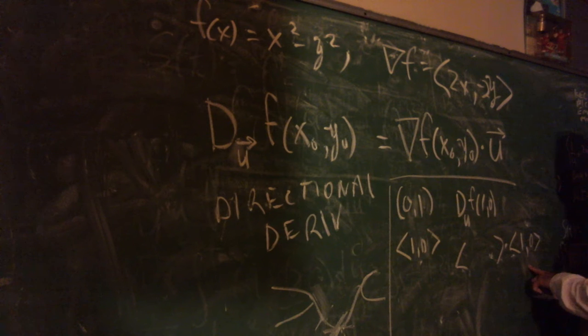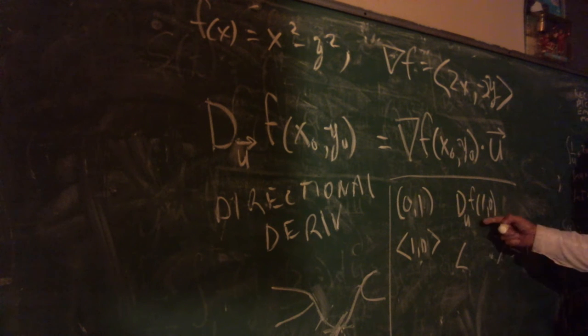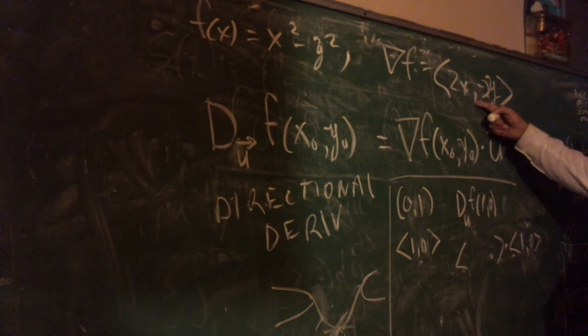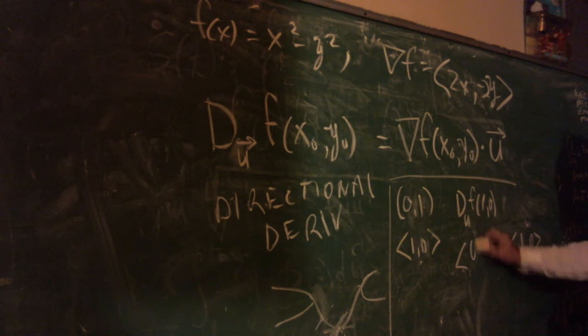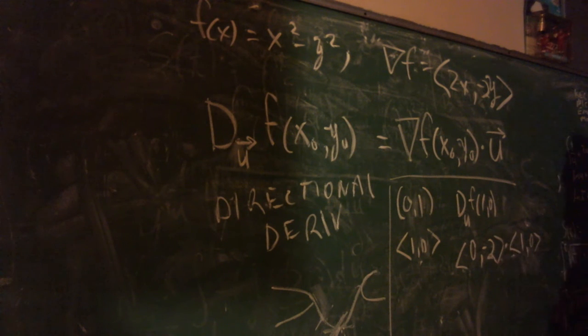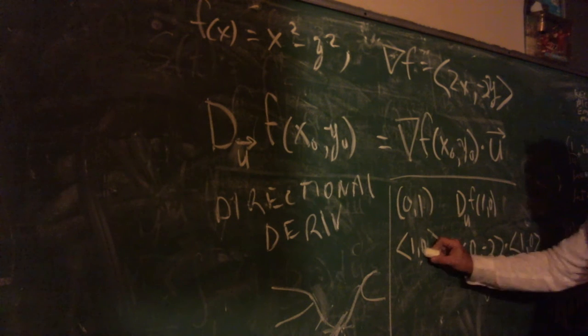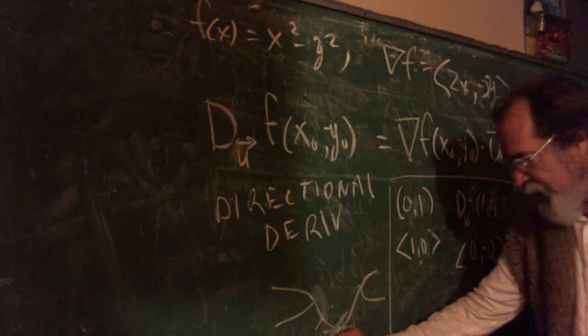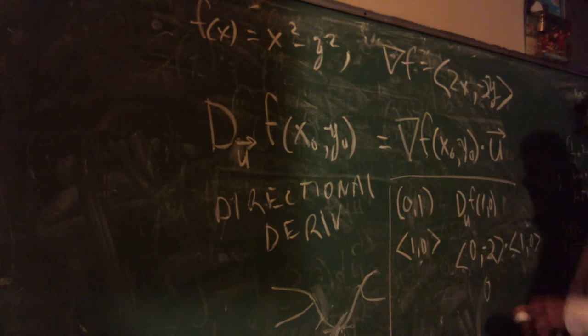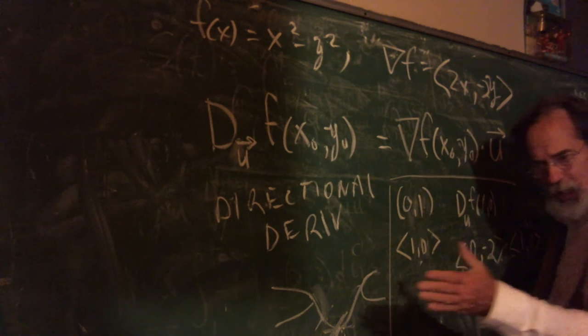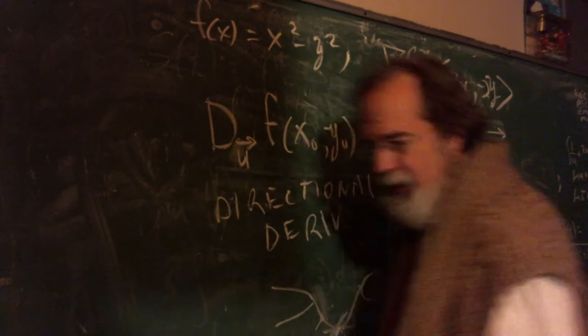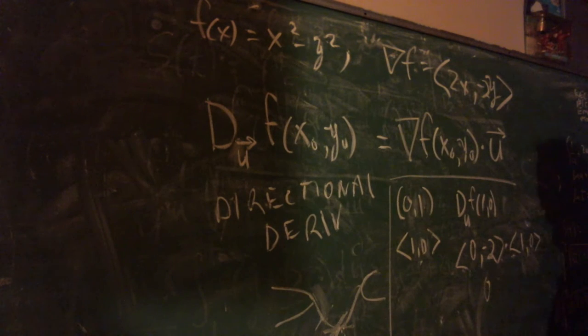The gradient evaluated at 0, 1 is going to be 0, comma, negative 2, and this dot gives me 0. So I'm standing at that point, but facing in a direction where I'm getting a horizontal tangent. In that direction, the hillside doesn't change. I can creep along that hillside and stay at the same height.